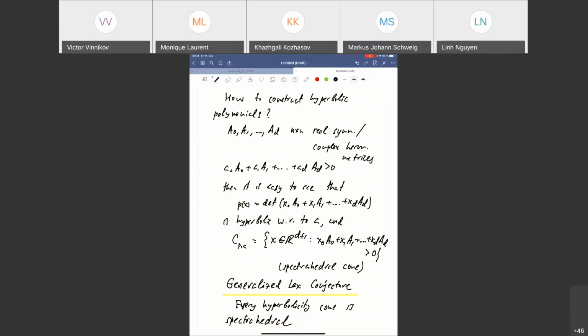Okay, now what does this mean on the level of polynomials and determinantal representations? Well, it doesn't quite mean that any hyperbolic polynomial admits such a positive definite determinantal representation, because we can allow an extra factor.